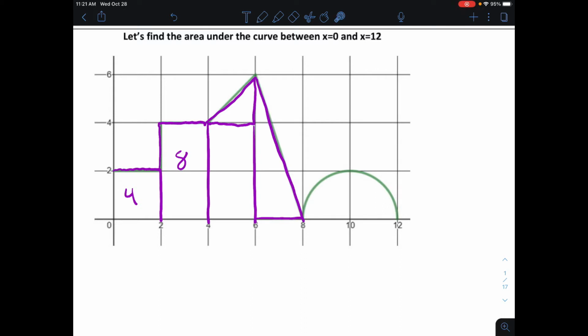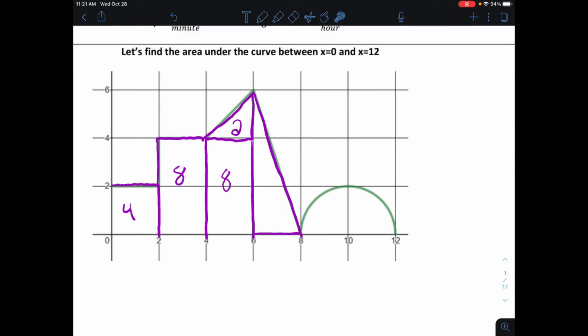So the area of the triangle up here, 1/2 base times height, is going to give me 2 for an area. And then we have our rectangle down here, which has a width of 2 and a height of 4, so we get 8.